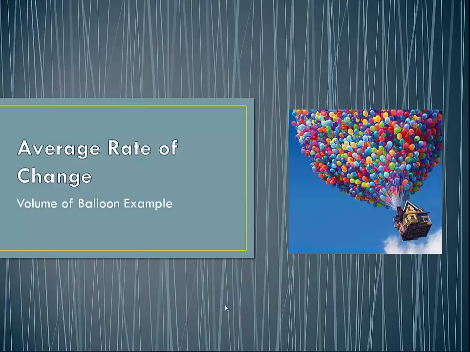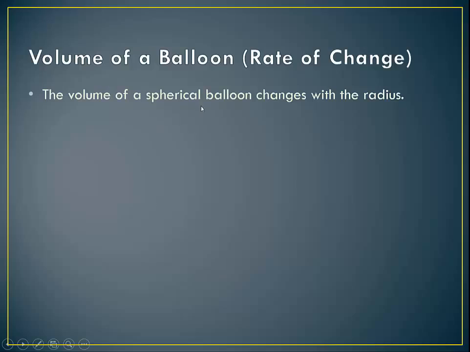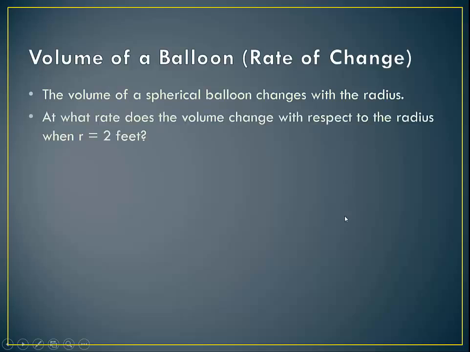Let's look at a volume of a balloon example using the average rate of change. So the volume of a spherical balloon changes with the radius. I want to know at what rate the volume changes with respect to the radius when r equals 2 feet.